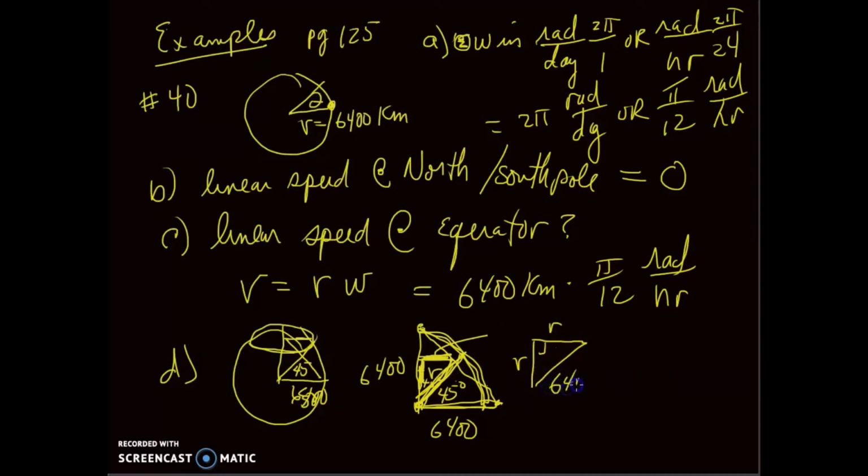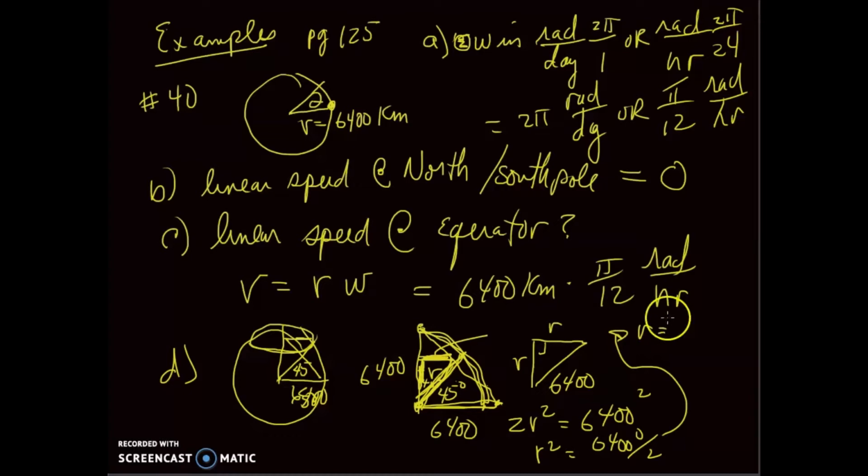We know this is 6,400. So r squared plus r squared, or 2r squared, equals 6,400 squared. Or r squared is 6,400 squared divided by 2, and take the square root. And then we can figure out the circle that we're talking about and how quickly that point is moving.